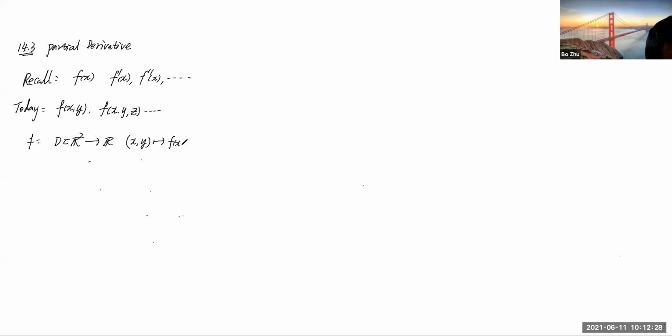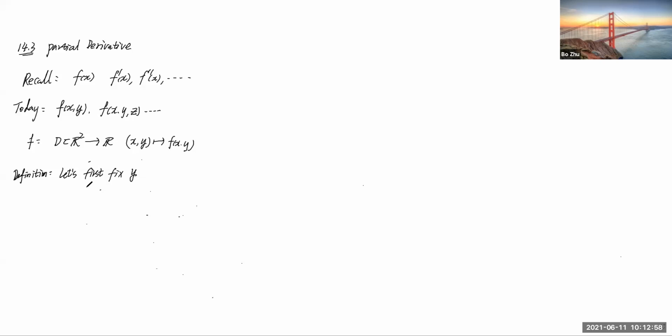If f(x, y), how do we think about this? So let's introduce the definition. Here we have two independent variables, right? So let's first fix y. That means y is fixed, right?